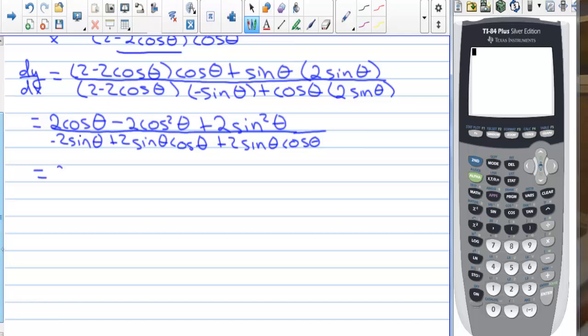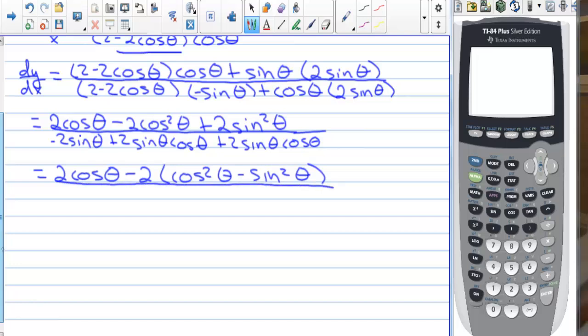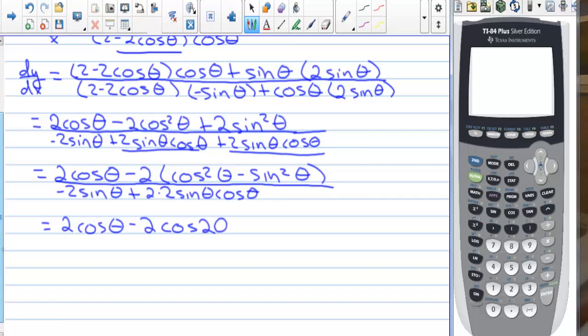That's equal to 2 cosine of theta minus 2 times (cosine squared theta minus sine squared theta), and then all over negative 2 sine theta plus, I'm going to write this a little strange, 2 times 2 sine theta cosine theta. We have 2 twice. Well, that's equal to 2 cosine of theta minus 2 times cosine of 2 theta.